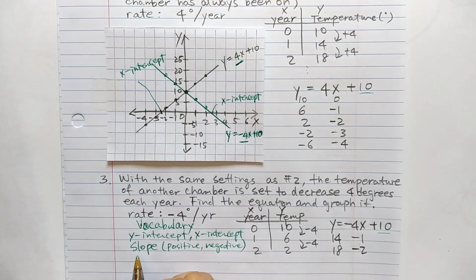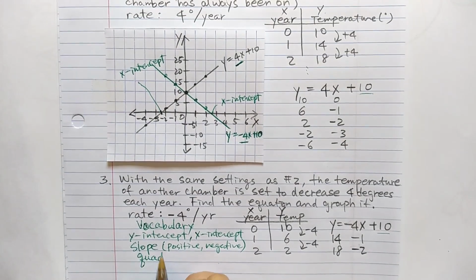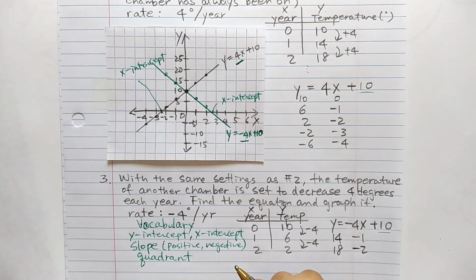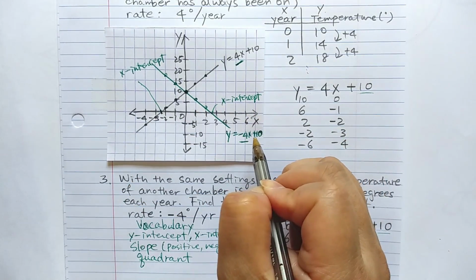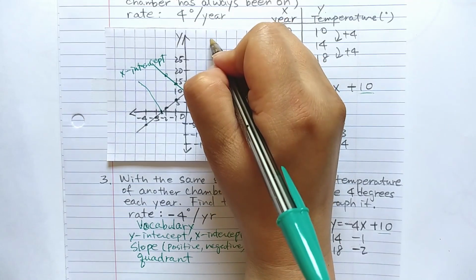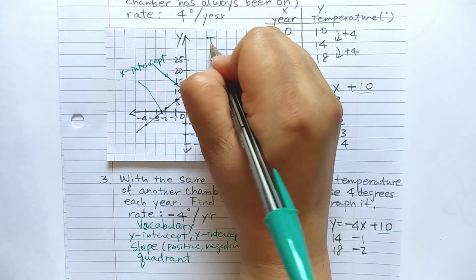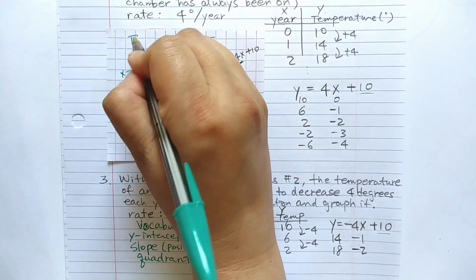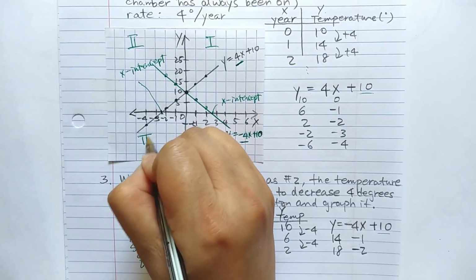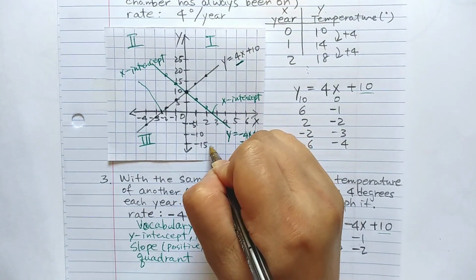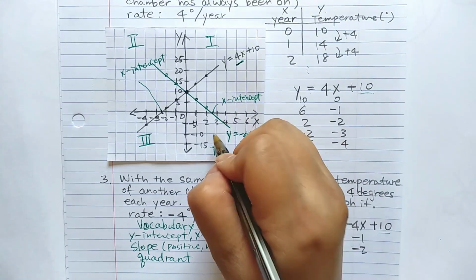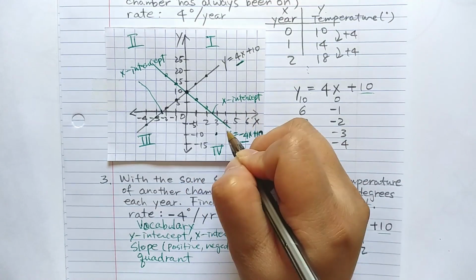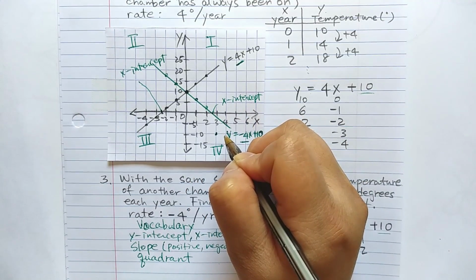One more term called quadrant. This two-dimensional plane is divided into 4 sections called quadrants. Here's the first quadrant, second quadrant, third, and the fourth quadrant. If I say there is a point here, and which quadrant is this in?